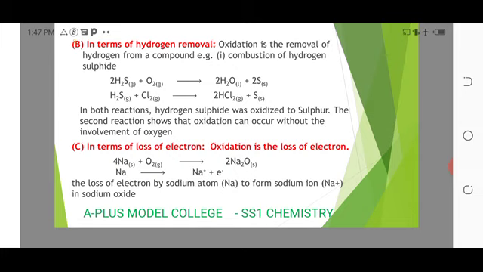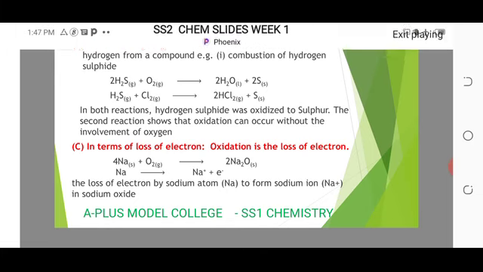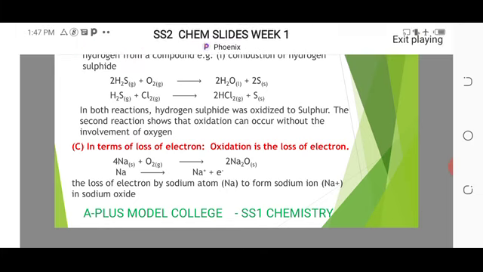The sodium atom is at zero, because any neutral free atom, like sodium or oxygen, has the zero oxidation state. Oxidation has taken place, and that means electrons have been lost from sodium to form the sodium ion.